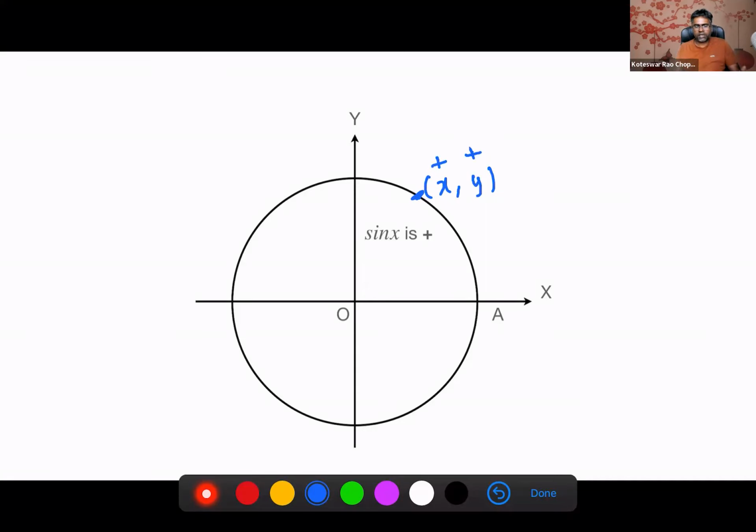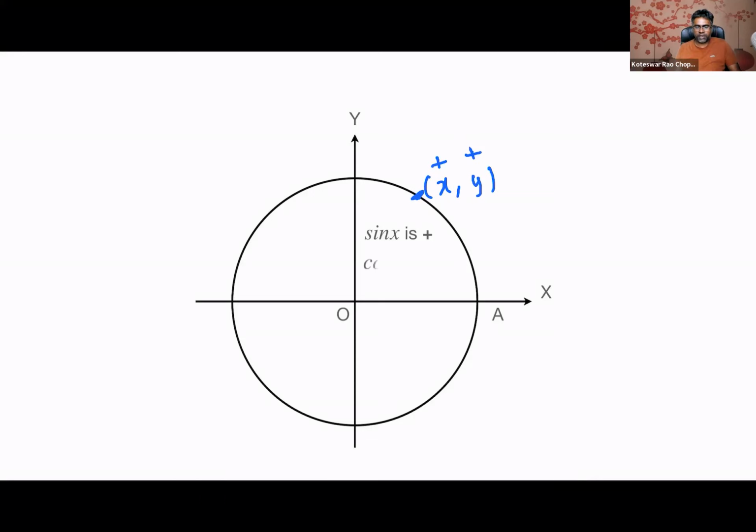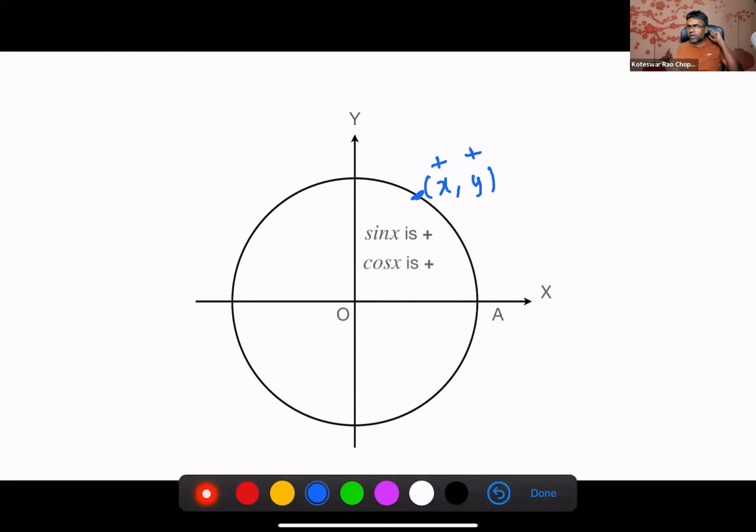So that tells us that sin x is positive and cos x is positive. Sometimes students try to remember this, but you don't have to use any memory techniques here. You just know that your sin and cos x are basically y and x coordinates. And you know in the first quadrant, they are positive.